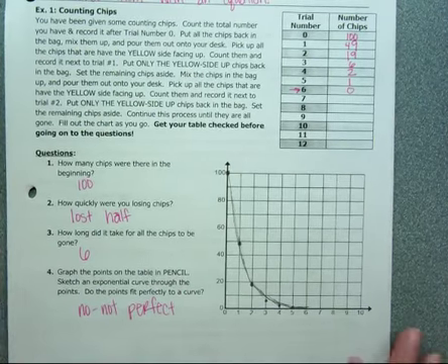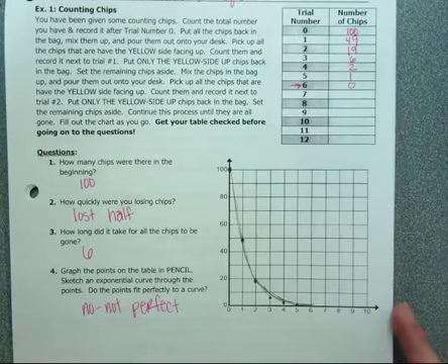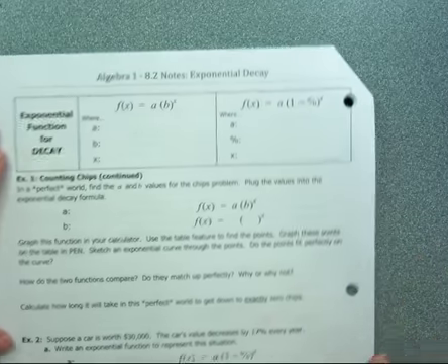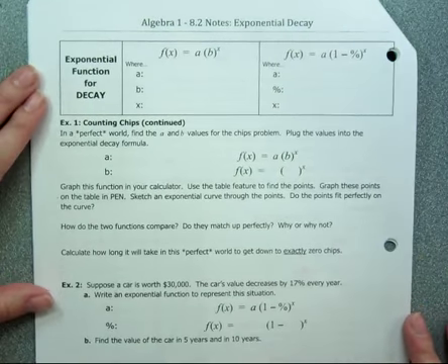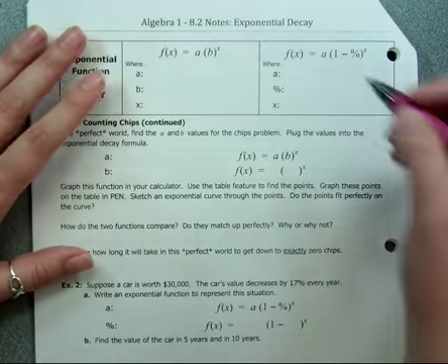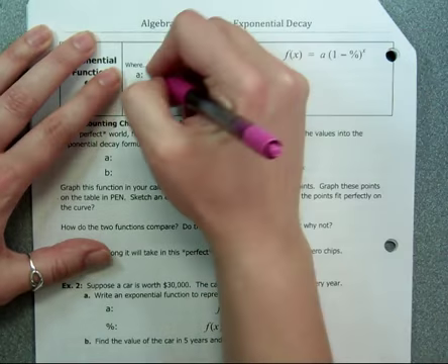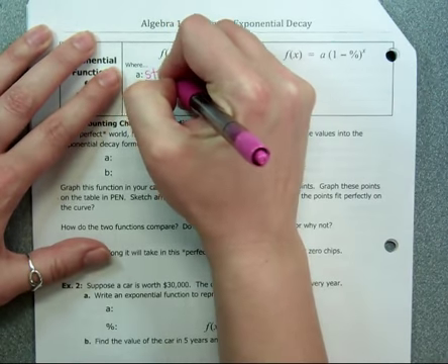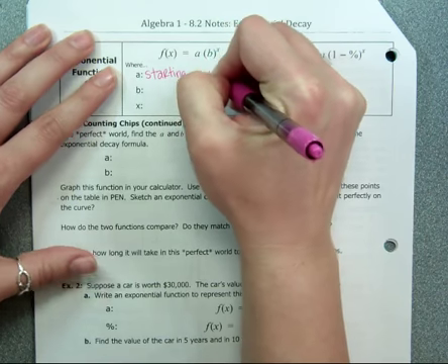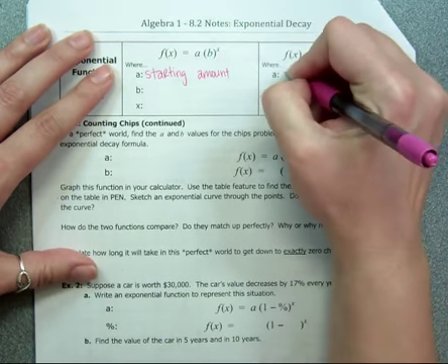Okay, so let's see a little bit about how we're going to use what we did last class with the stuff we're doing today. So we have 2 formulas for decay, just like we had 2 formulas for growth. Just like before, A is our starting amount, in both examples.